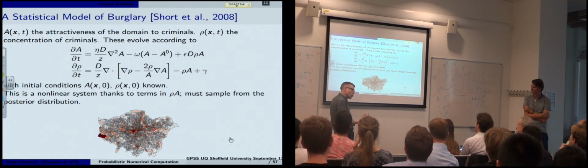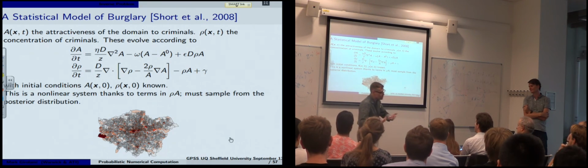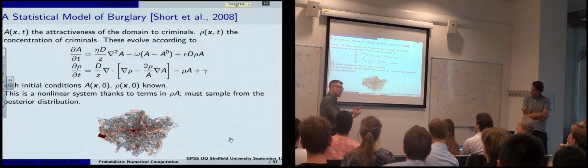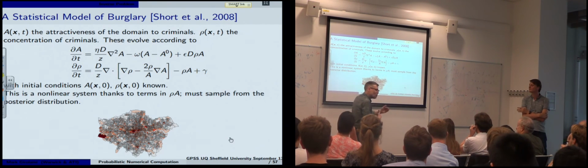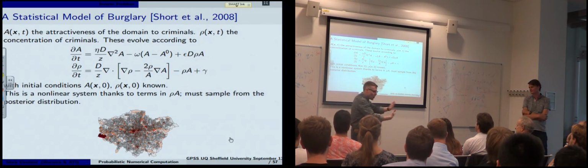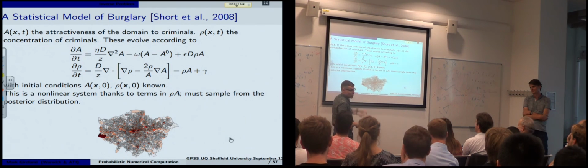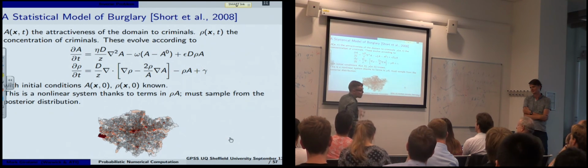Why? Well, you're getting phone calls reporting a particular type of crime. It's in a particular area. There are agents, i.e., criminals, that are perpetuating that, and they are moving about, and they're attracted to areas where there is, the underlying epidemic model is very much in this particular scenario.